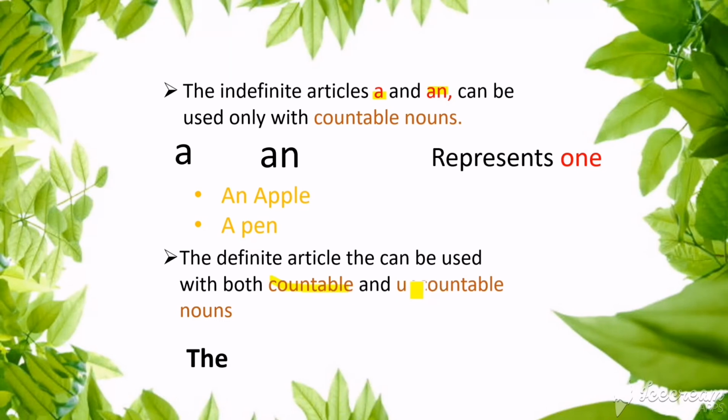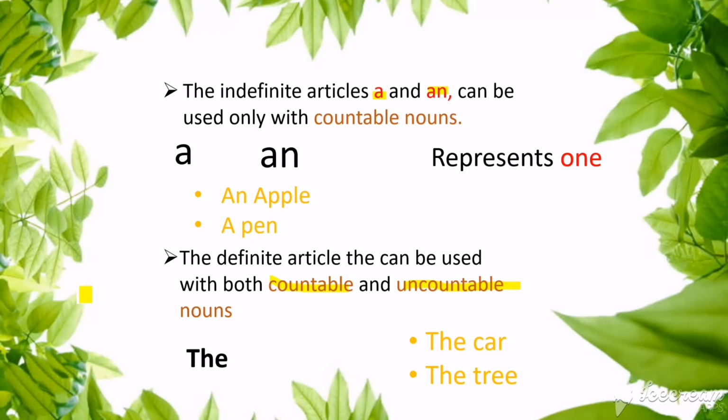Whereas a and an are used to represent only countable nouns, the is used to represent both countable and uncountable nouns. For example, the car, the tree. Car and tree are countable nouns, so you can represent both of these using the.